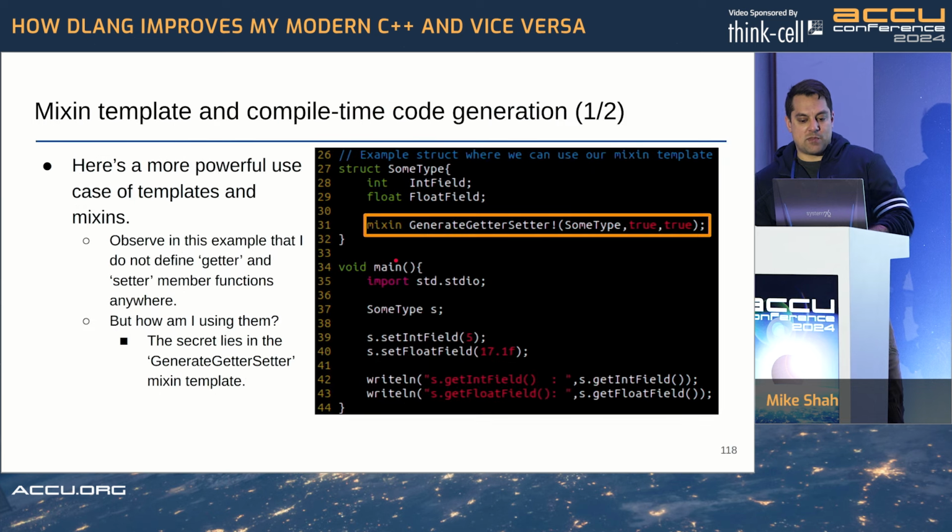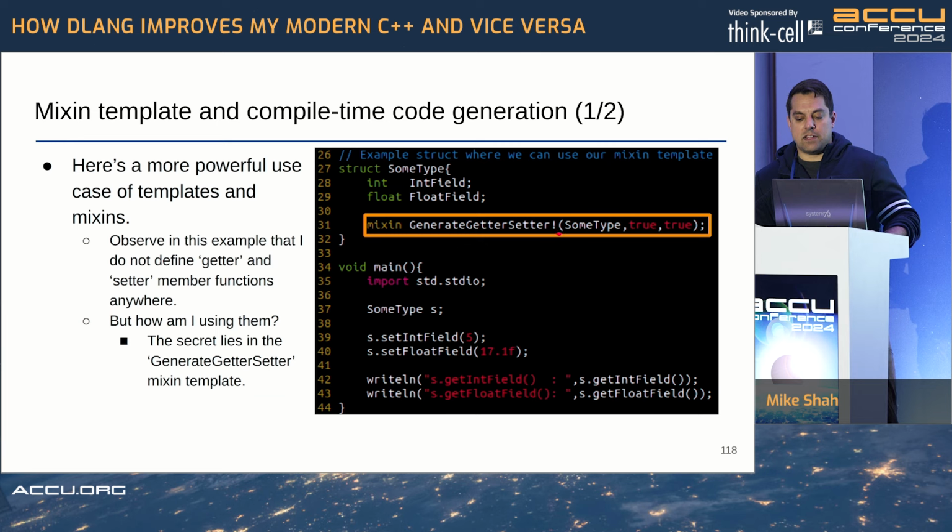I'll show you some more examples here. So here's a small struct from lines 27 through 32. It's called some type. I've got an integer field and a float field. And then I'm actually going to mix in something here. So again, mixins don't have to be just about copying and pasting in text code, but we can mix in this generate getter setter function here.